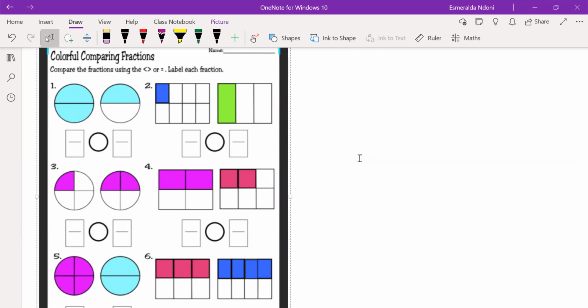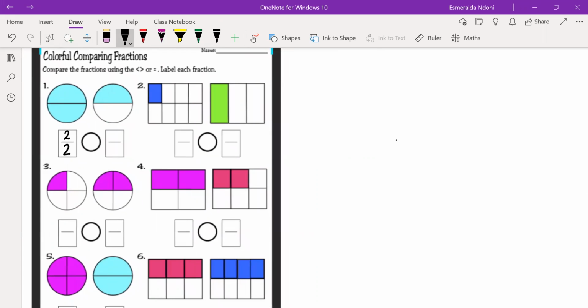On number one, we have a shape which is fully colored. This shape is divided in two parts. So that goes into the denominator. I have two parts and all of them are colored. So that means that I have 2 out of 2 colored.